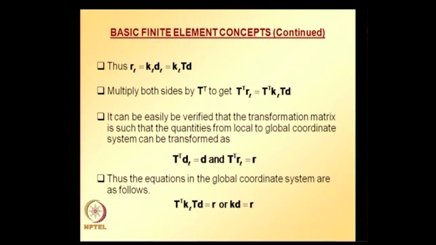KL is nothing but the stiffness of an axial element, and T is the transformation matrix consisting of direction cosine components. So K is the stiffness matrix for the 2-dimensional truss element.